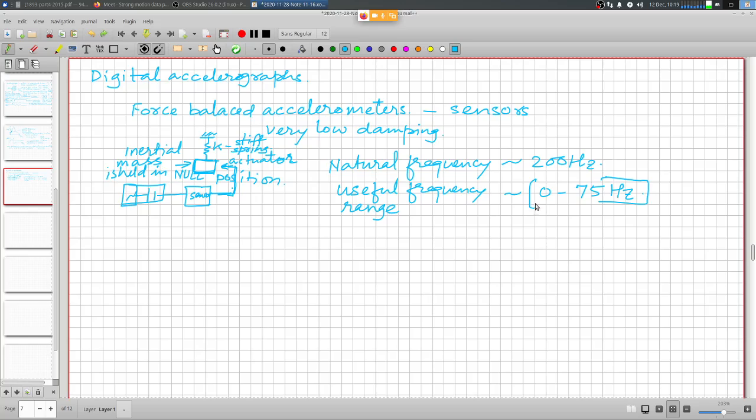So this 0 is still a question mark. Theoretically the response is of course flat from 0 hertz, but the problem is now we come to the recording. This sensor, the system is always on, but there are two recording media.